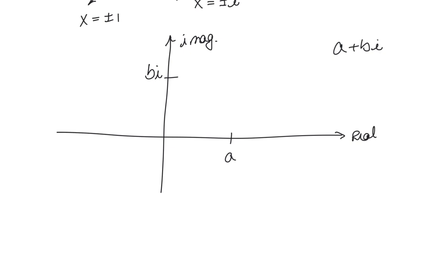As an example, if I was asked to graph 3 minus 2i, I'd go over here to 3, I'd go down to negative 2i, and right here would be my point, 3 minus 2i. So the complex plane looks a lot like the real plane, the Cartesian xy plane, with the exception that it's not written as an ordered pair, it's written as 3 minus 2i, or whatever the case may be.